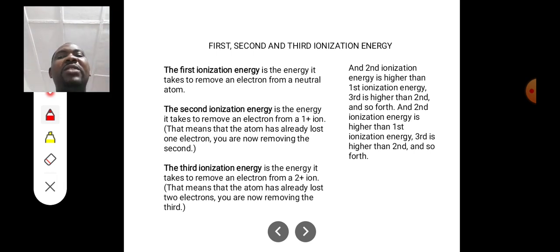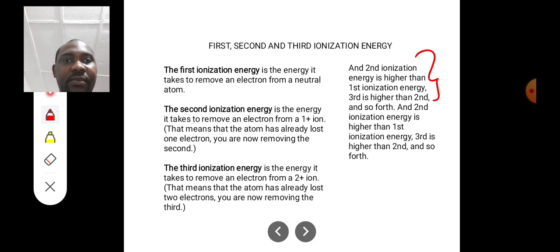It becomes more difficult to remove the second one. Now, if we eventually remove the second one, the nuclear charge again increases, making it more difficult to remove the third one. So you can see that the second ionization energy is higher than the first, the third is higher than the second, and so on and so forth.